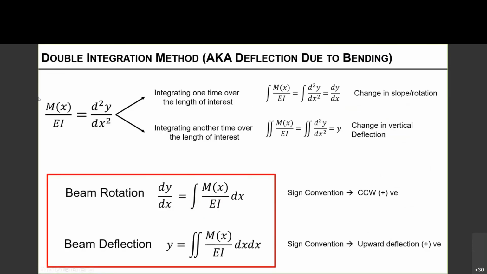Okay, so let's move to this one. This is basically what we have derived so far: Mx over EI equals the second derivative of y, where y is called the deflection at any point.